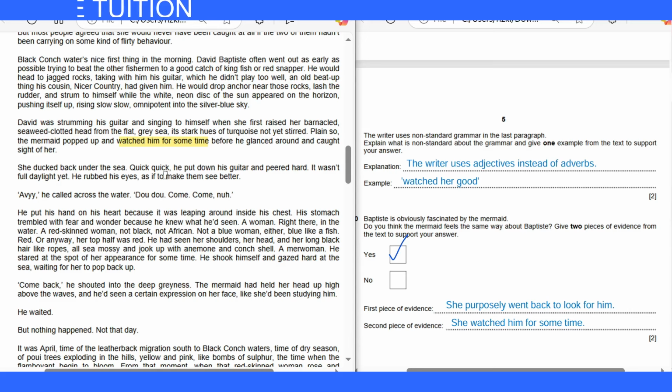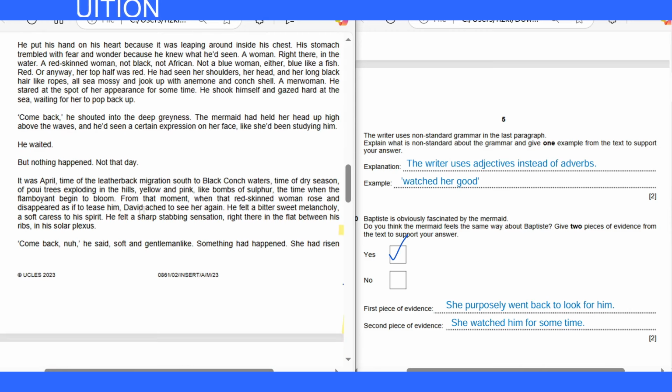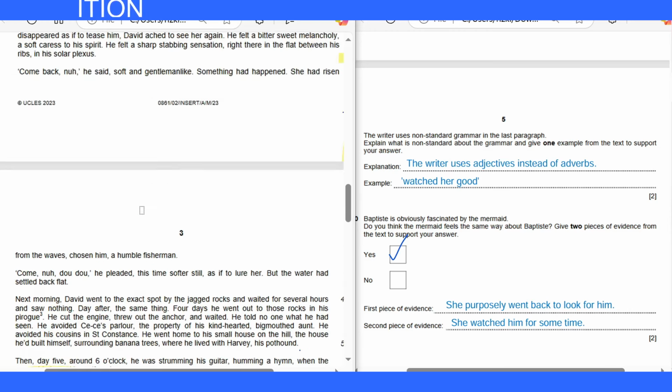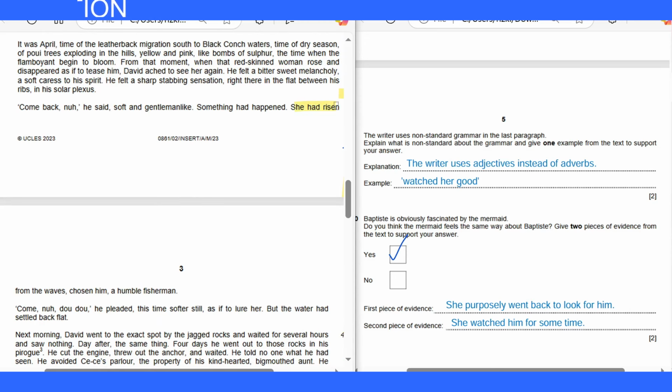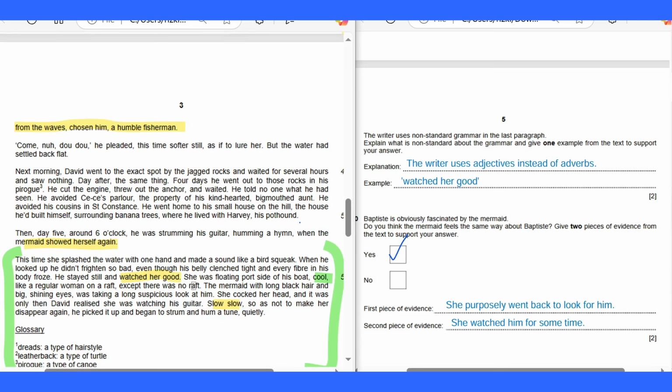There are many pieces of evidence that we can take from here, and the whole passage, like she had risen from the wave, chosen him, a humble fisherman, right? Or we can say she was watching his guitar. She's interested in his guitar.